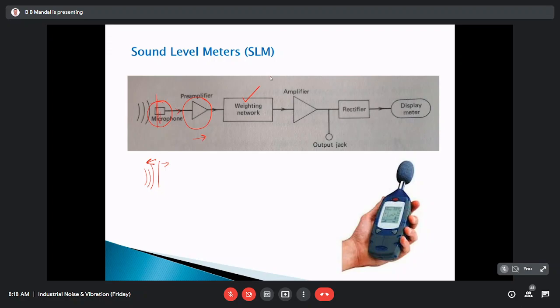So what is this weighting network? After the preamplifier, what does it do? Resonates particular frequencies. Try once again. Or maybe it adds the A weighting.